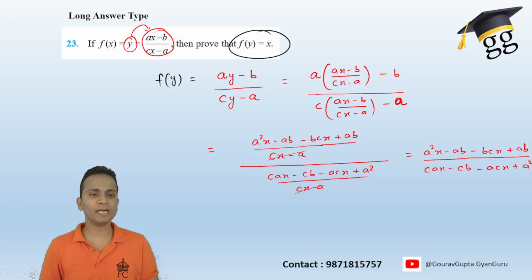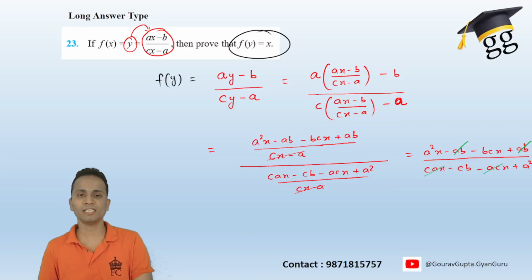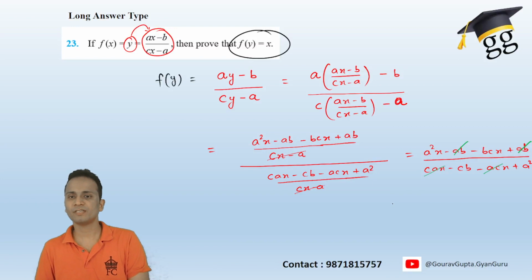Now look at the numerator and the denominator separately. In the numerator, ab and minus ab will get cancelled. And in the denominator, cax and minus acx will get cancelled. Right? So what I will have in the numerator is a square x minus bcx.